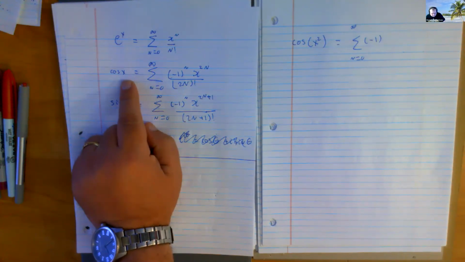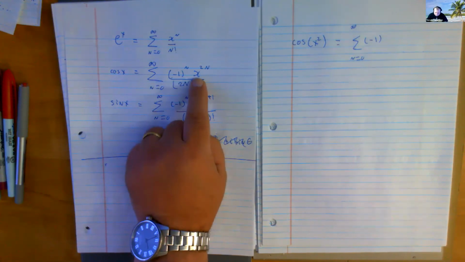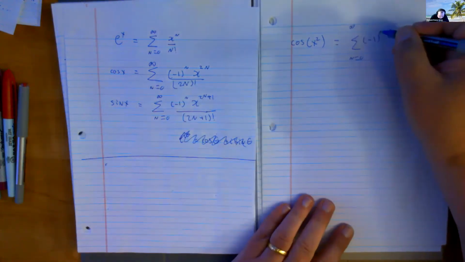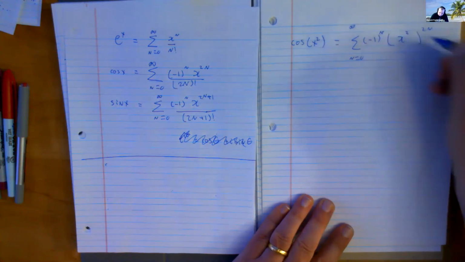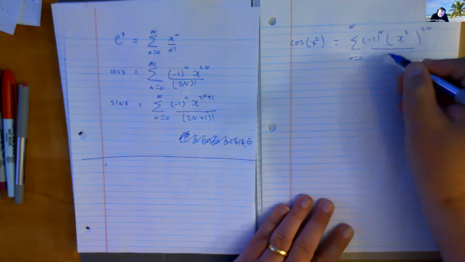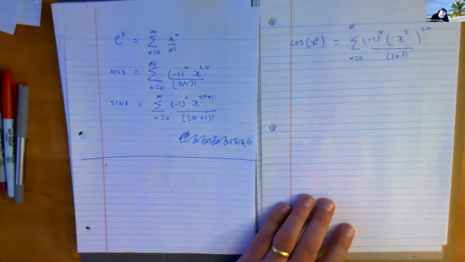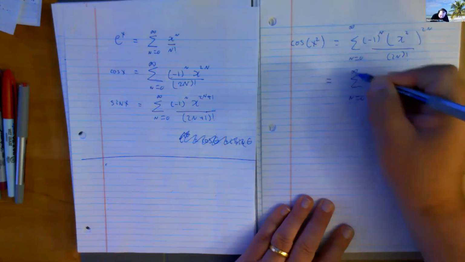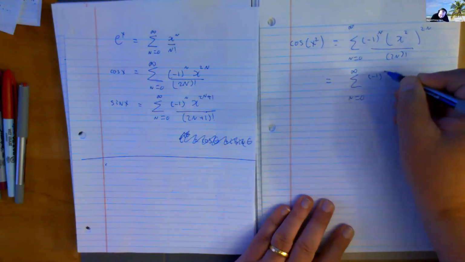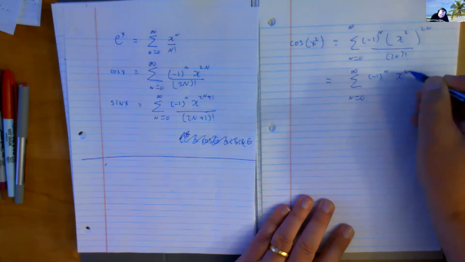So if I put x squared here, shouldn't I put x squared here? So I have -1 to the n, x squared to the 2n over 2n factorial. And then you just do a little tidying up. Raise that to the power of 2, and you basically get that.